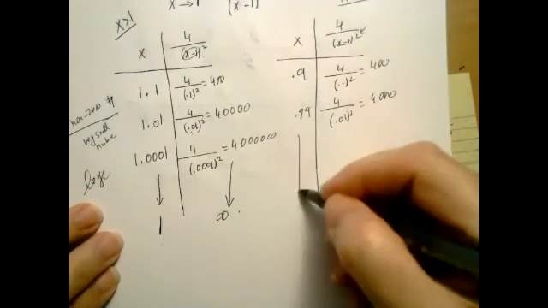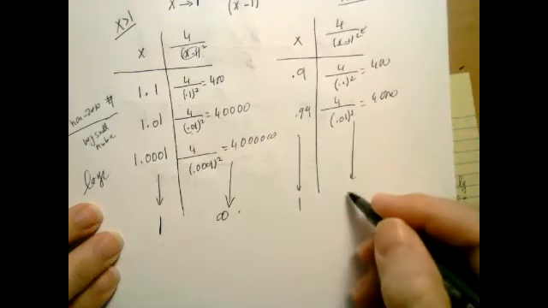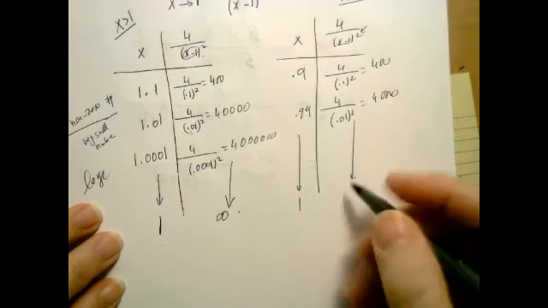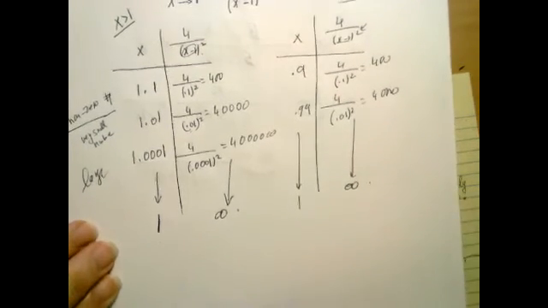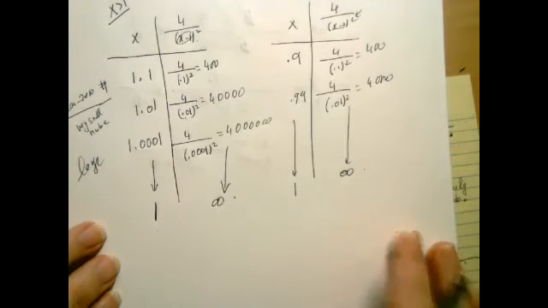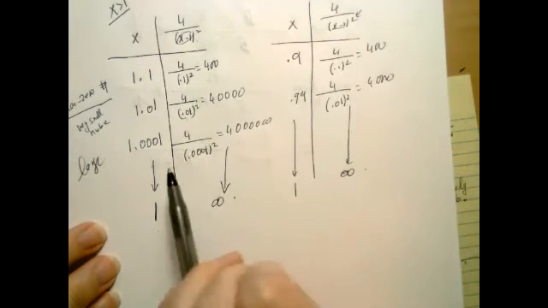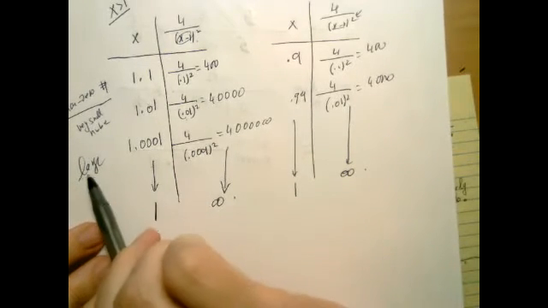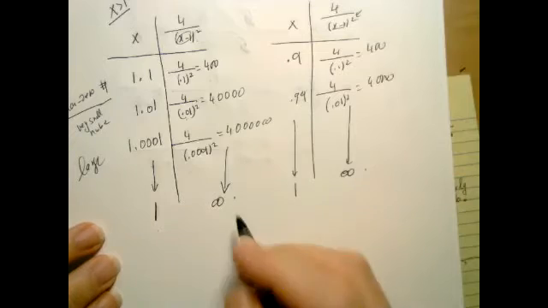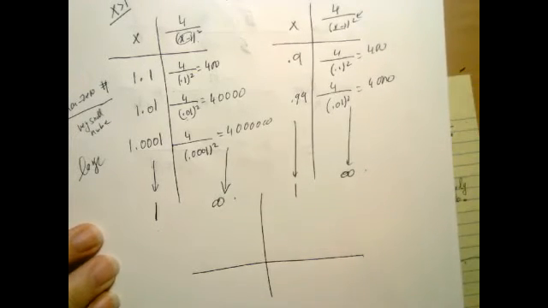So as x becomes close to 1, f of x is taking larger and larger values. We say that it goes to plus infinity. Every time we take a non-zero number and divide by a very tiny number, we get a really large number.